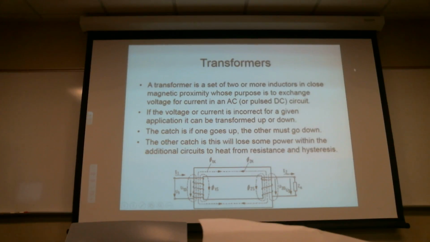The other thing is, because power is the result of the sum of amps times voltage, if one goes up, the other must go down. There's also another thing that's going to occur. Remember when we were talking about inductive reactance? It creates a phase shift.